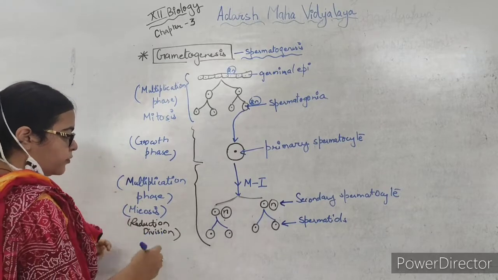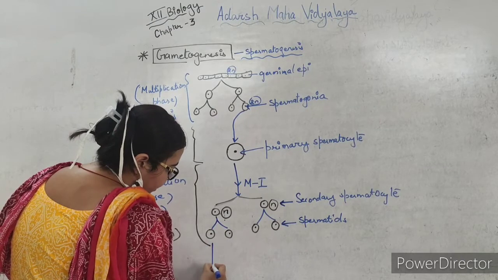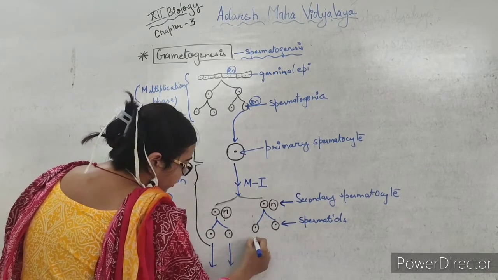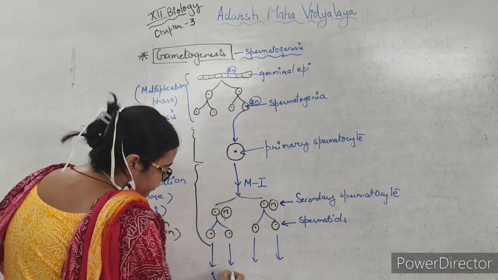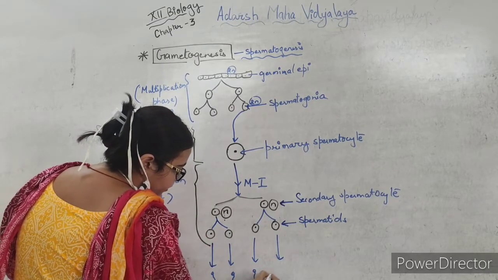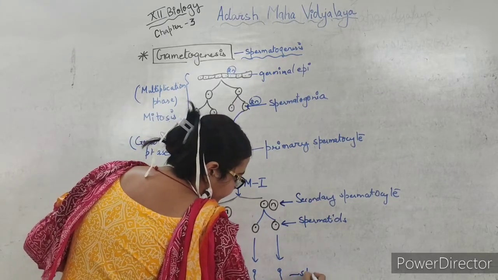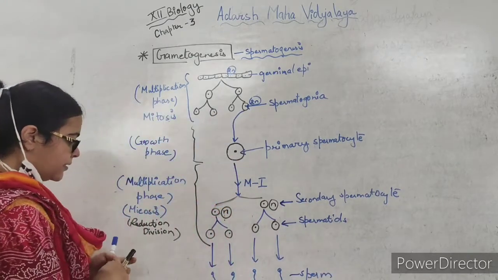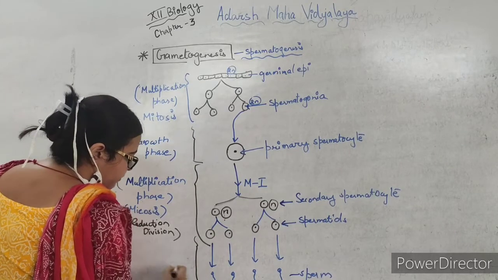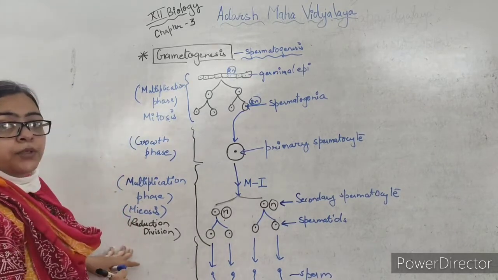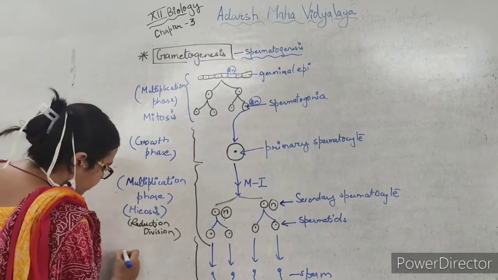Now there is a specific process in which these spermatids will attain a particular structure, that is of sperm, which will have a head, a neck and tail. This is the sperm, and this process of formation of sperm from spermatid is called spermiogenesis.